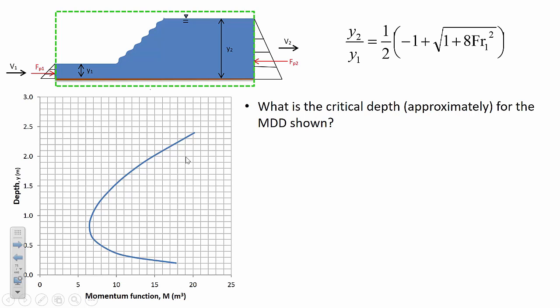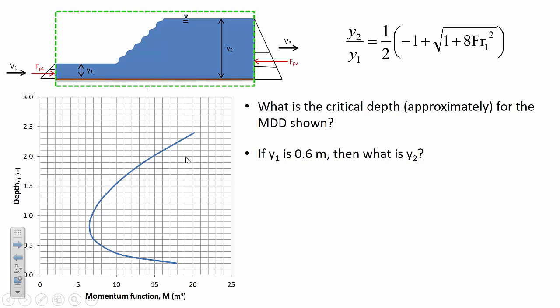Hopefully you would, because there's only one unique point on that figure where something specific is happening. So the point furthest to the left, it looks like that would be associated with a depth of about 0.8 meters, I'd say, is approximately the critical depth.